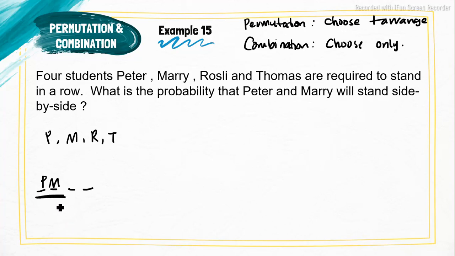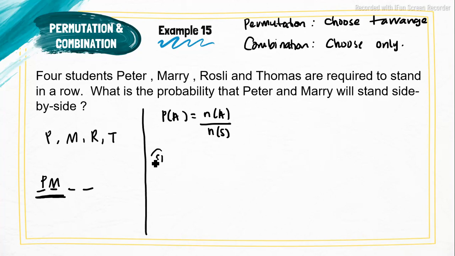Okay, alright. So, untuk permutation, syarat dia adalah PA adalah NA over NS. Okay, so saya akan asingkan step pertama, kita akan cari number of sample space kita dulu. Dia adalah no restriction.